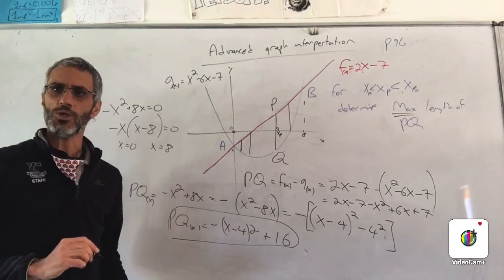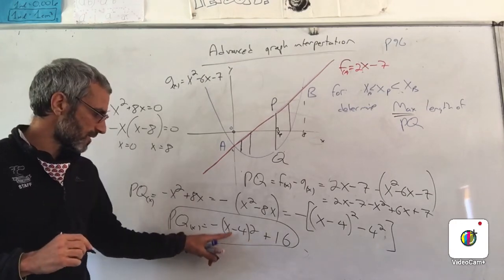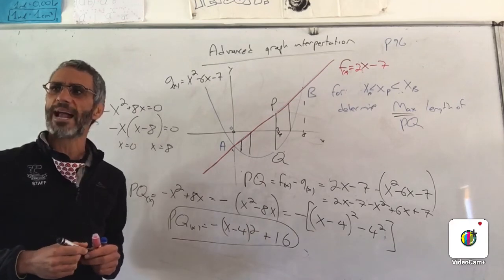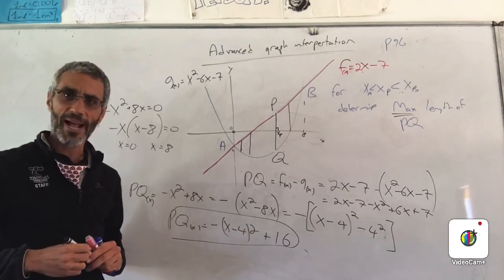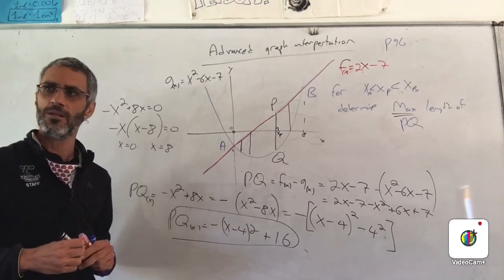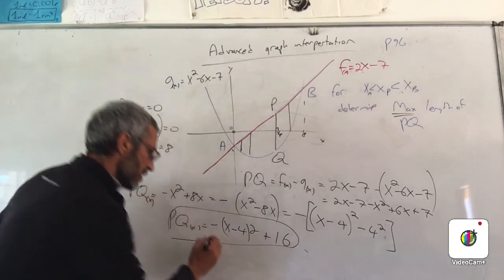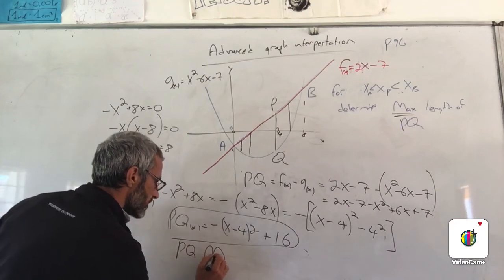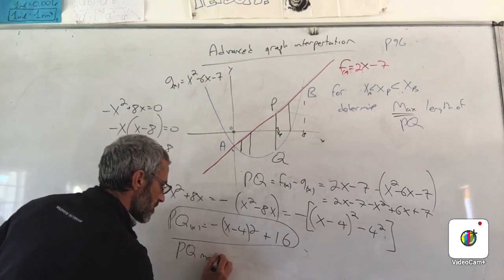Now, why did we do that? Because Jojo reminded us that by reading the completed square, we can find out what the maximum value is. And the maximum value of PQ will be 16. So we'll write it down like this: PQ max is going to be equal to 16.